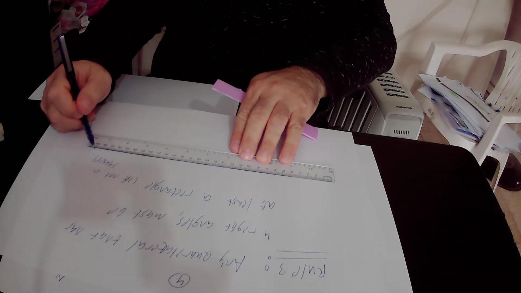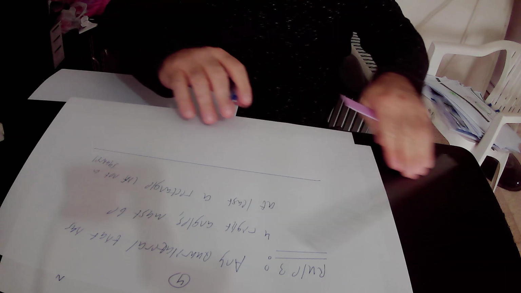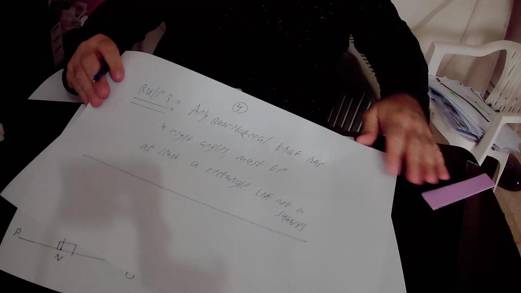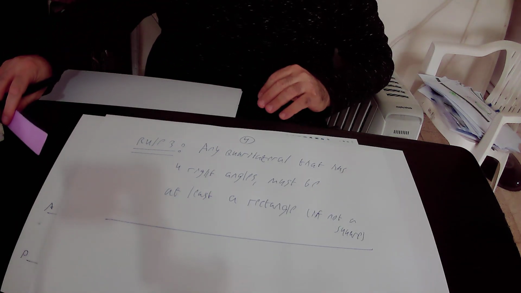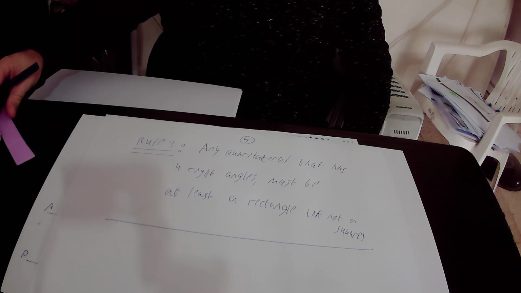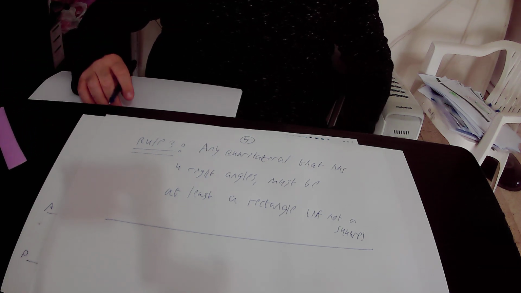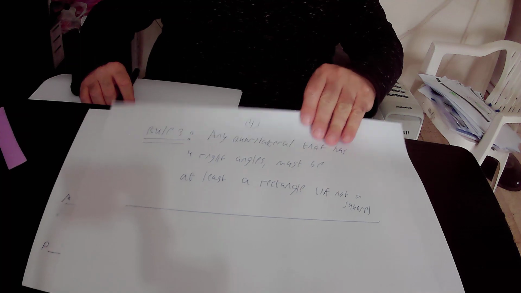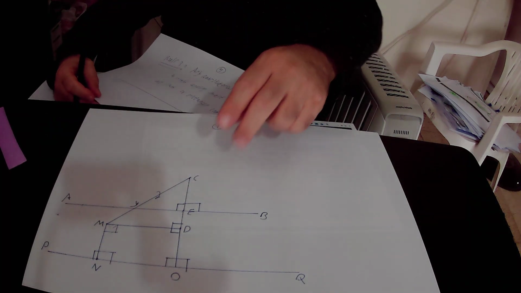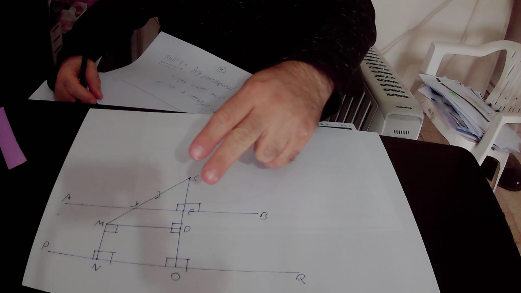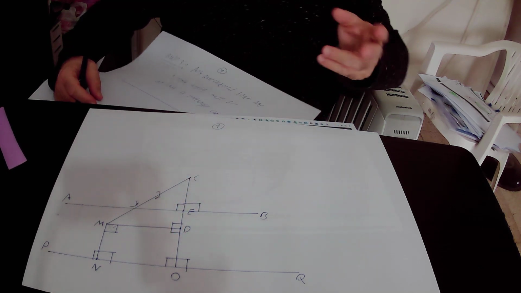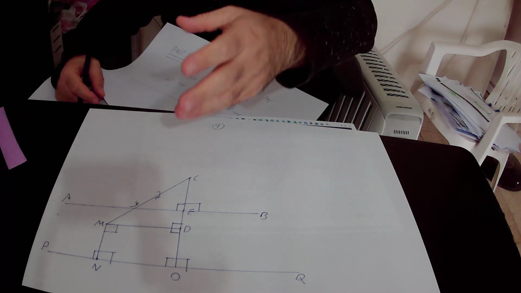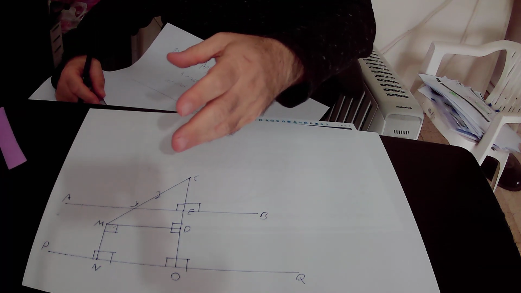So I will read rule number 3 again. According to rule number 3, any quadrilateral that has four right angles must be at least a rectangle if not a square. And here, quadrilateral MNDO has four right angles, 1, 2, 3, 4. Therefore, we will relate to quadrilateral MNDO as a rectangle.